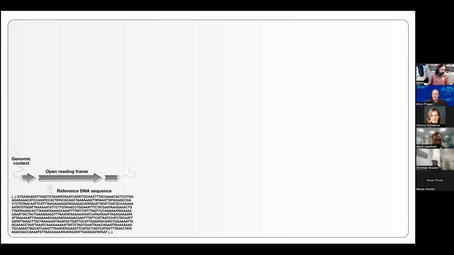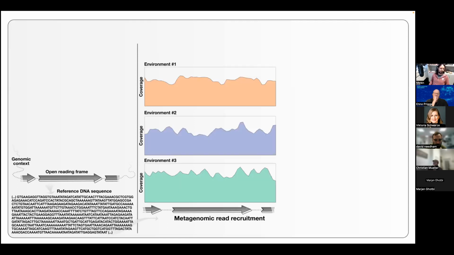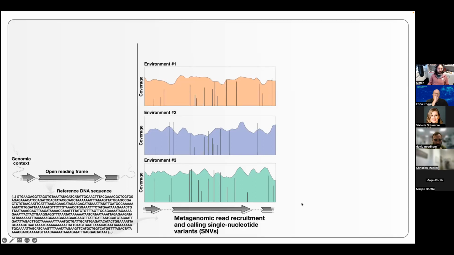And if we also have metagenomes like Tara Oceans, and SAR11 genes in this context, you can imagine from environments in which this population occurs, then we can actually use those sequences in this genome to do read recruitment analysis from different environments. And again, as I said, not only do we learn about the coverage of this organism in different environments, but we also can characterize its genetic diversity in a given sample through single nucleotide variants.